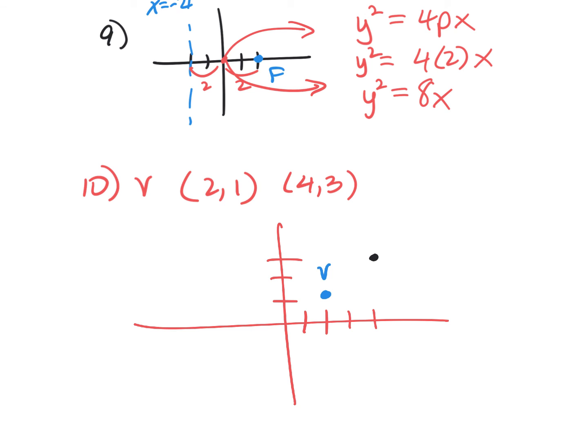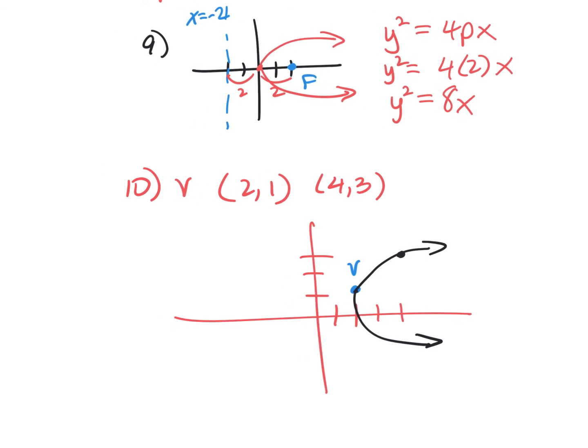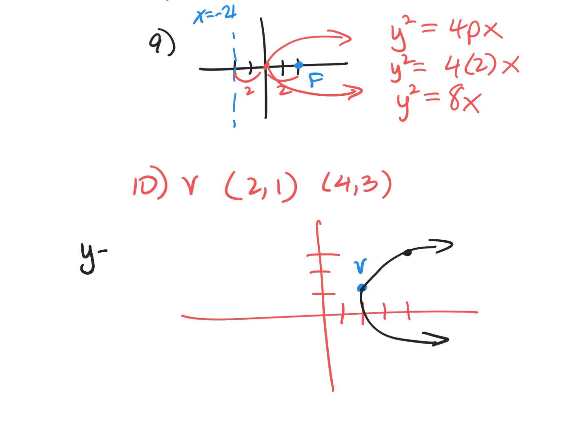Because it's symmetric to the x-axis, I know my graph is going to look like this. And because my vertex is not at the origin, I'm using y minus k squared equals 4p times x minus h. This is my h, this is my k. I need to solve for p. The ordered pair is x and y.